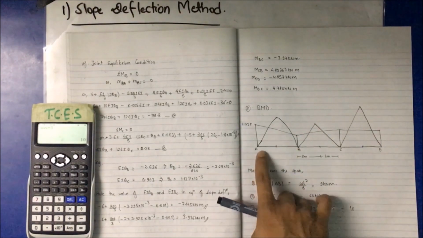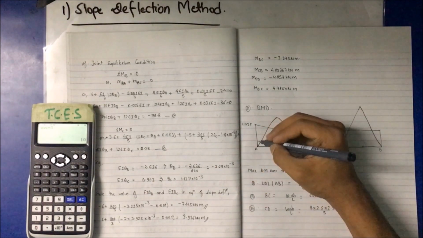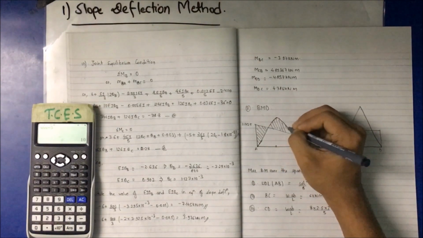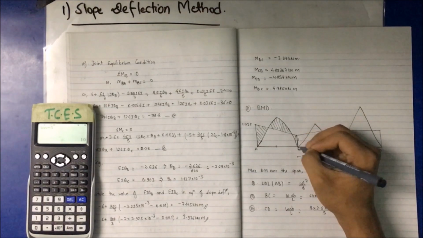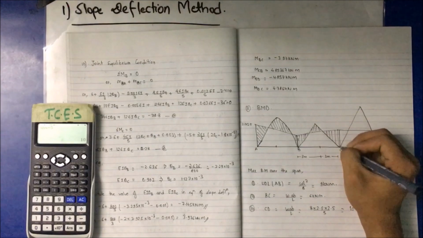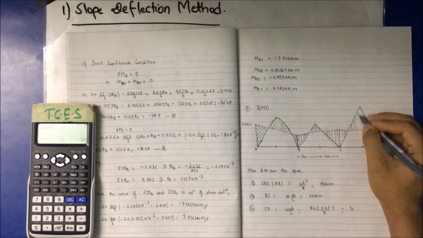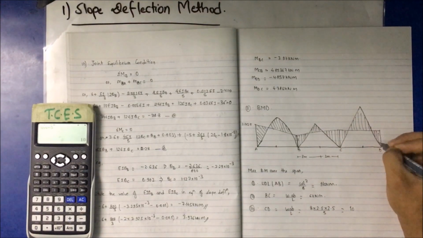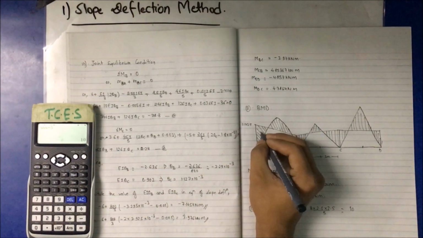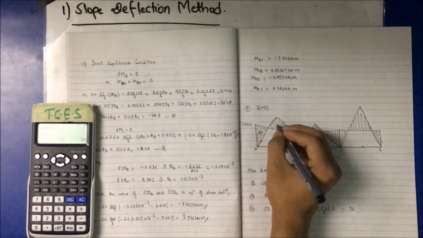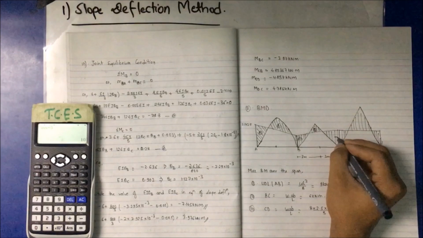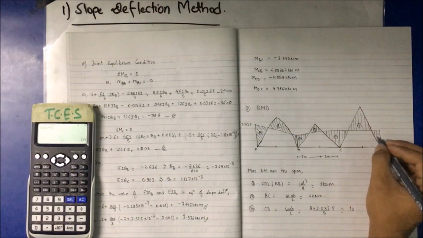So now hatch the non-overlapping portions. This is a non-overlapping portion, this is a non-overlapping portion, and this is a non-overlapping portion. This is the negative part, this is positive, this is negative, this is positive, negative, positive, negative.